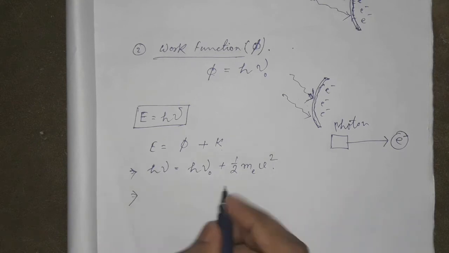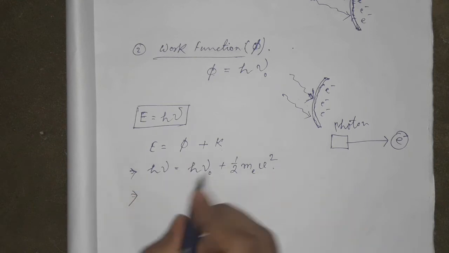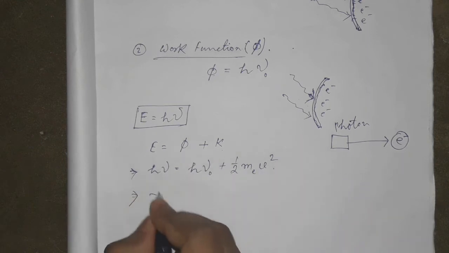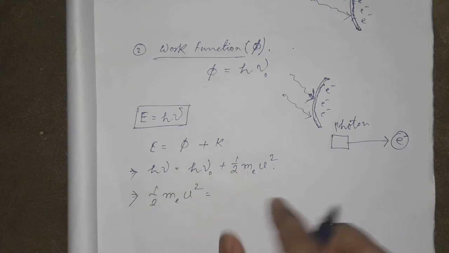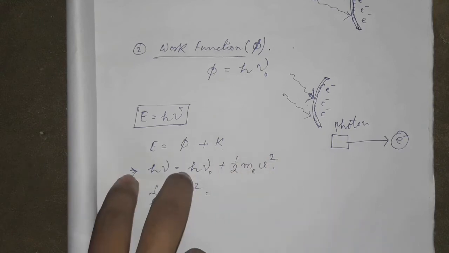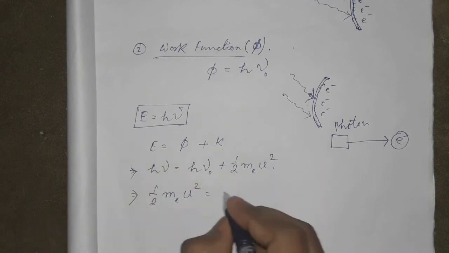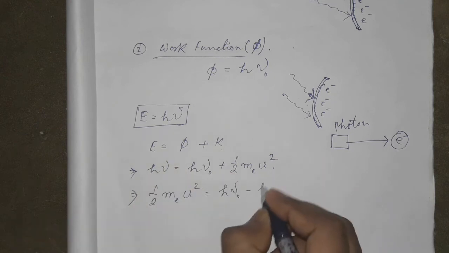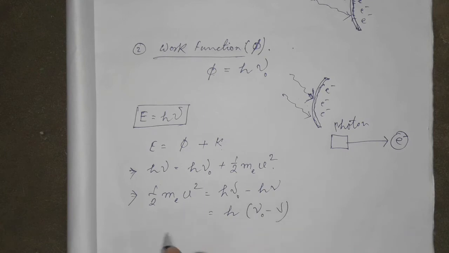Now if we rearrange this, taking h common, we can write half m u square as the kinetic energy.